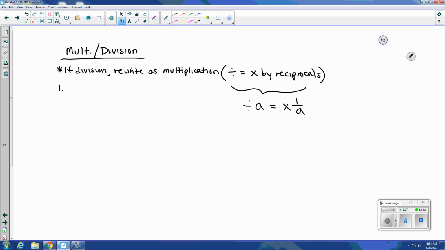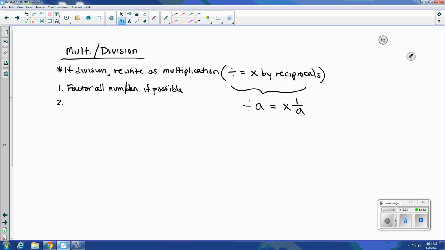First thing, factor all numerators and denominators, if possible. In the event that your expression is just a monomial term, there's only a single term in there, you're not going to be able to factor it. Or if it's linear, you might not even have a GCF available. So there's always a possibility that it's not factorable, but if it is, you want to do that.